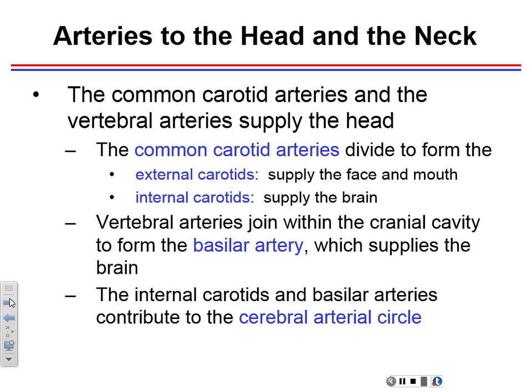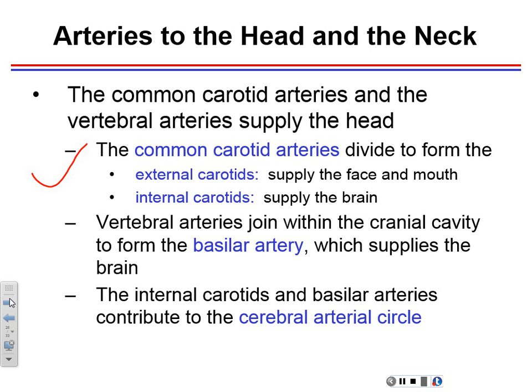And then, like I say, the vertebrals will arise from the subclavian arteries, straight up, and they'll go through the transverse foramen of the cervical vertebrae, right? And then they'll meet at the brainstem, right at the base of the brain. When they unite, the left and right vertebral arteries will form the basilar artery, which goes on the base of the brain, and then it will provide branches supplying the brain like that.